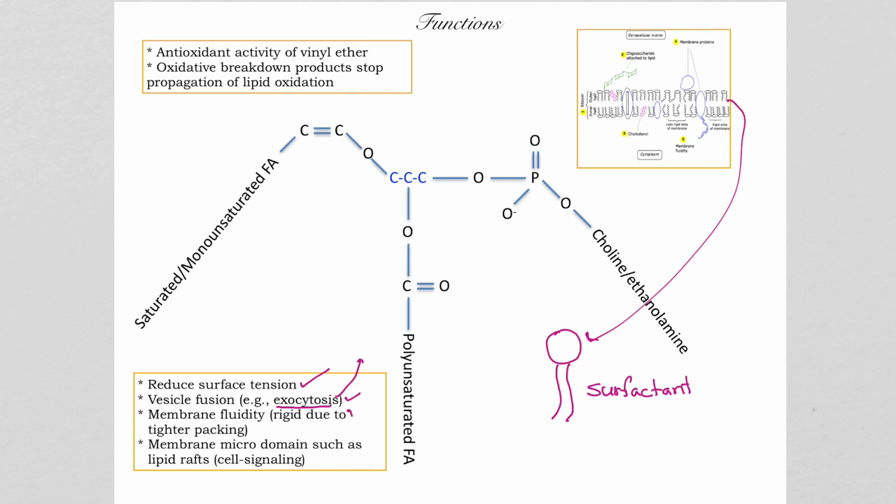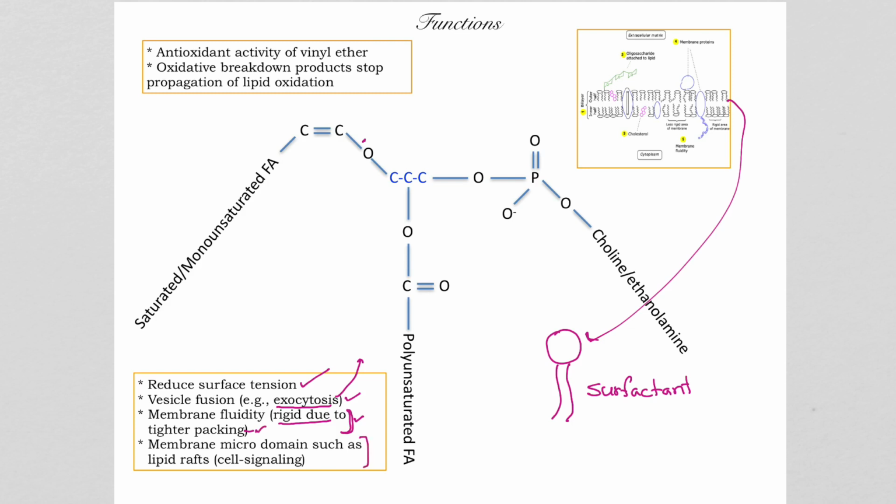Again, being membrane lipids, they can affect the biophysical properties of membranes. It seems like these plasmalogens tend to make membranes more rigid, probably because of this ether linkage. It allows tighter packing.